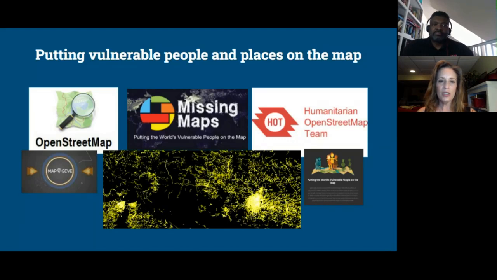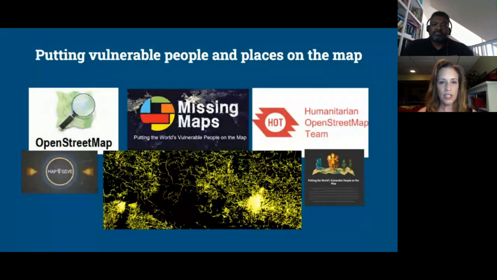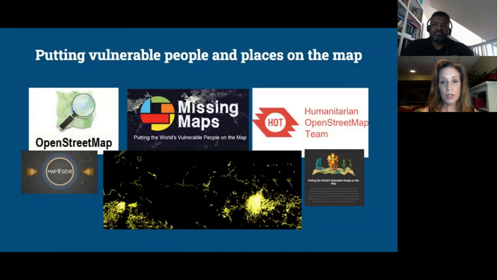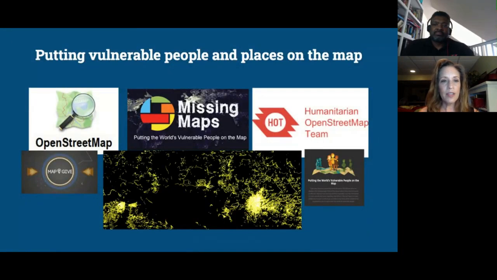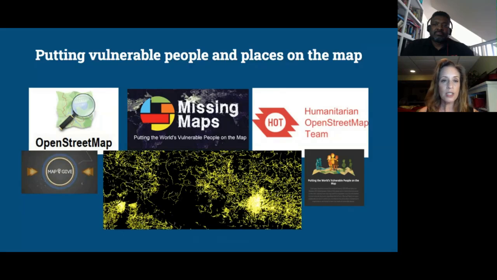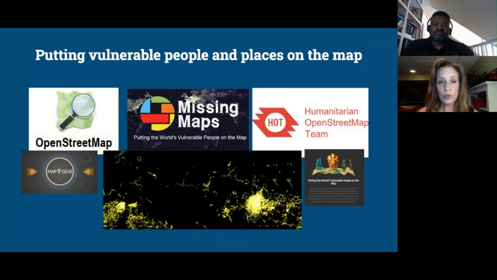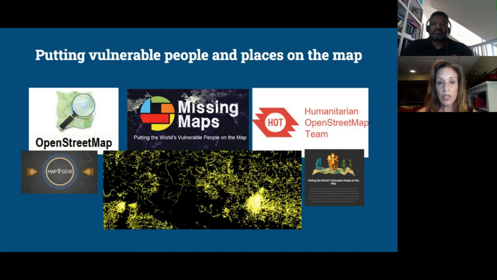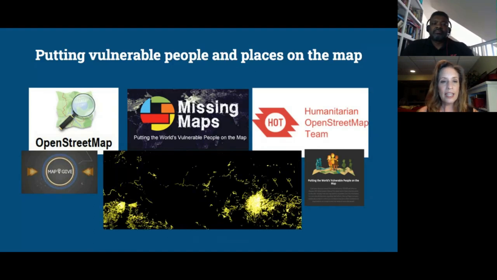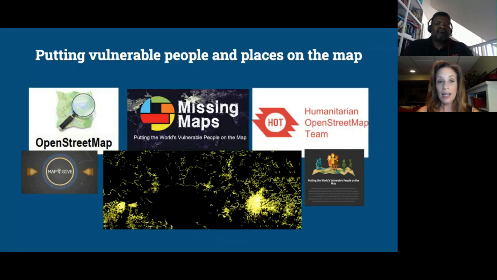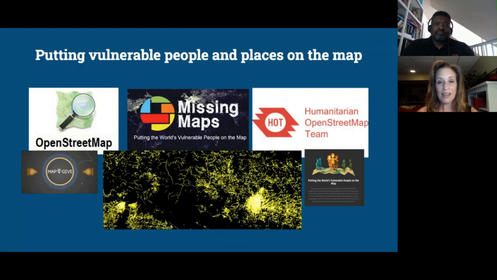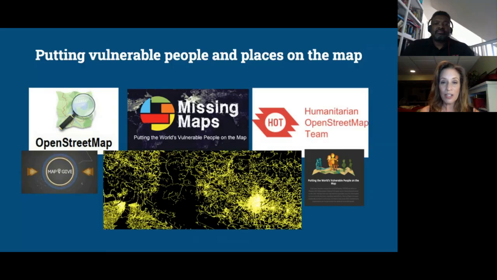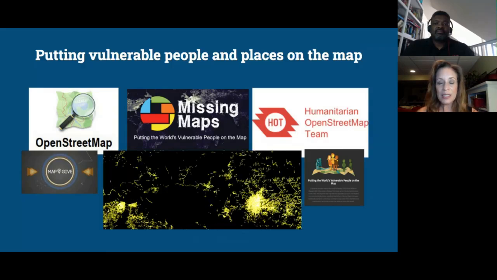And this is just for teachers and educators who are new to OpenStreetMapping, thinking of different organizations they can look into that will provide resources and information to help get you started. Missing Maps, HOT. I use HOT quite a bit in my classroom when I'm looking for projects on different topics.